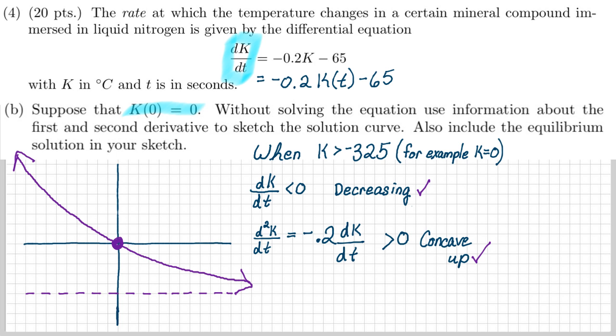So if we wanted to, we could even write the second derivative in terms of the first derivative. So we could even say that this is equal to negative 0.2 times what dk/dt is. So negative 0.2 times (k of t minus 65). So we can even give an explicit form to what the second derivative is.